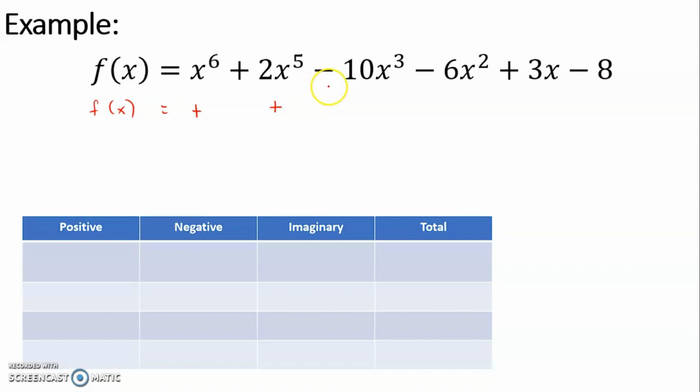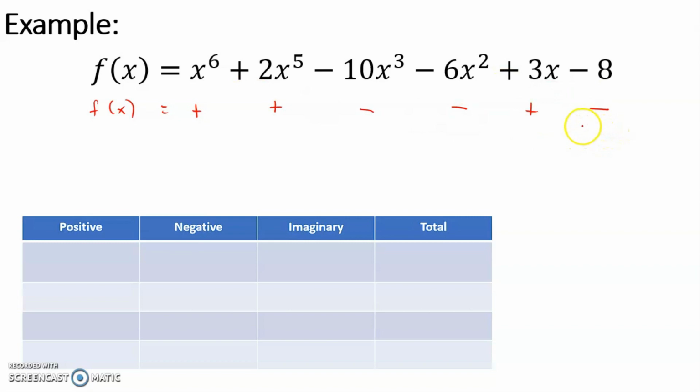Okay? So we just have to list the coefficients that have a certain sign. So, positive, positive, negative, negative, positive, negative. I already checked. It is already in standard form, and there is a constant term, so I just listed it.